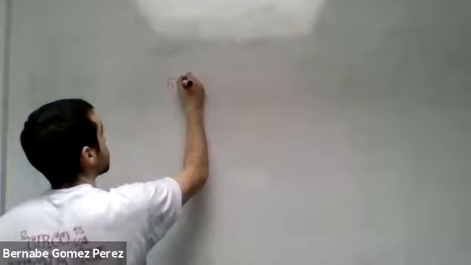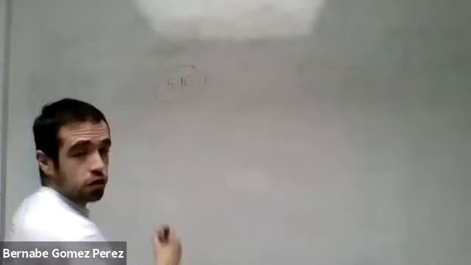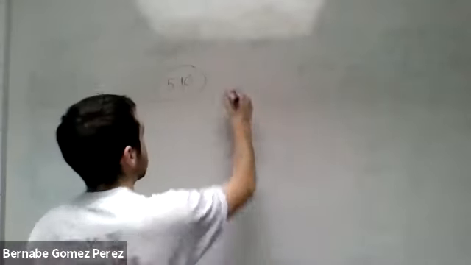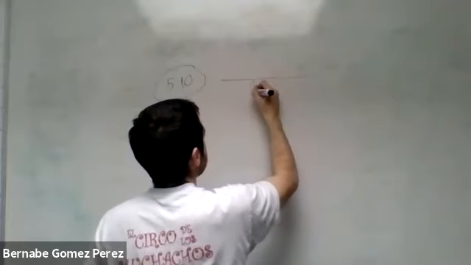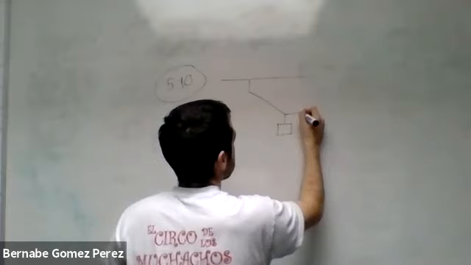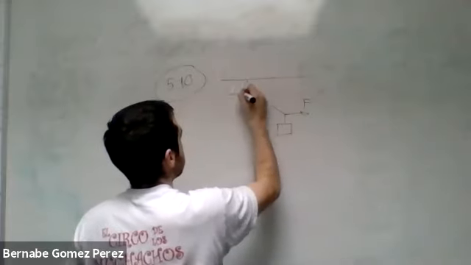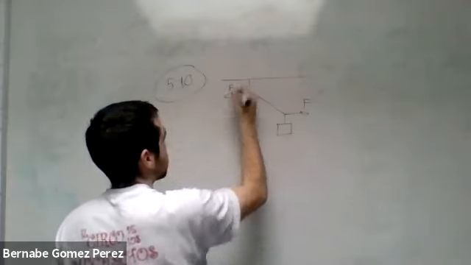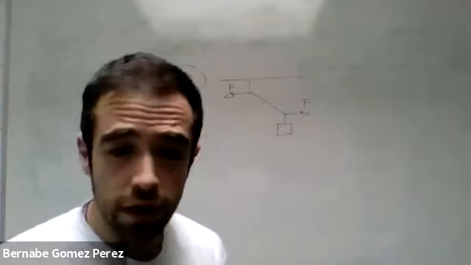5.10, okay? So what do we have here? We have some diagram, box, force. As you see, I always sketch F1, F2.